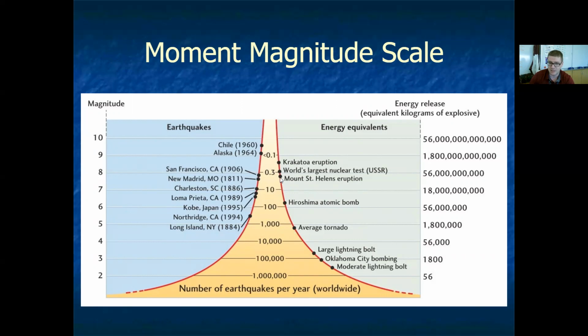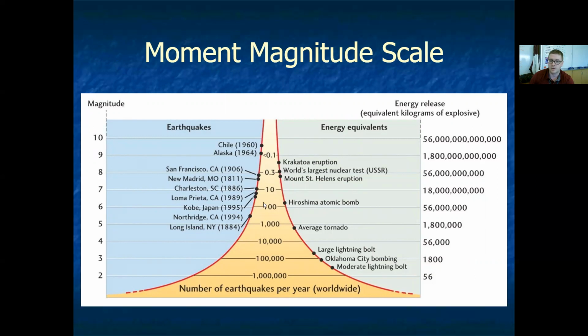Mount St. Helens, a little weaker than an 8.0 earthquake. The largest nuclear bomb test by the former Soviet Union was just about an 8.0. Krakatoa, one of the strongest volcanic eruptions in history, about an 8.5. All of these, not even close to that 9.5 Chilean earthquake.